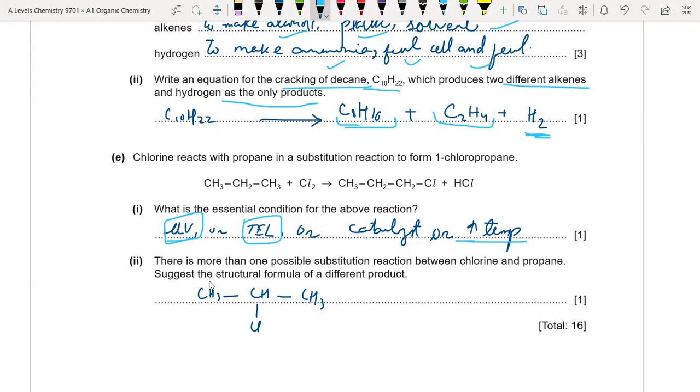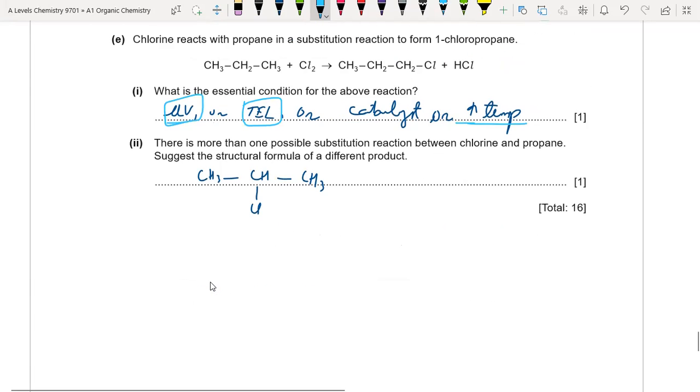Any one which is mentioned, the answer will be considered correct. There is more than one possible substitution reaction between chlorine and propane. Suggest the structural formula of that different product. If chlorine is substituted at carbon 2, then it will form a different structure like that.